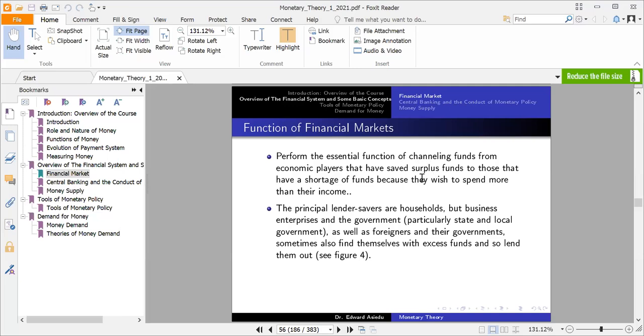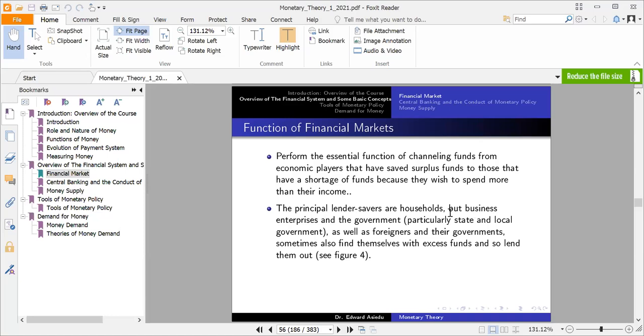Some firms may have surplus that they will put into the financial system, and then it can be channeled to those who have shortages. So the principal lenders or savers are households. So the people who are lending out money or putting their monies in the banking sector, in the financial sector, are households, and also businesses. Okay?